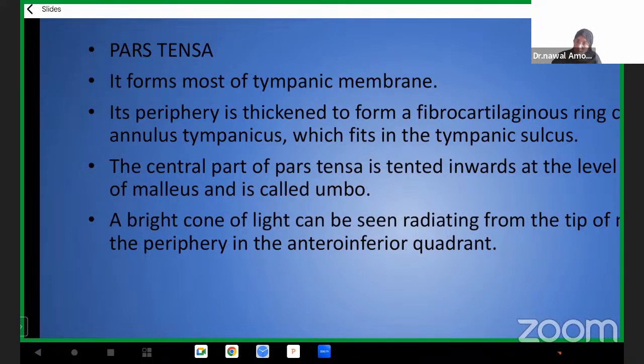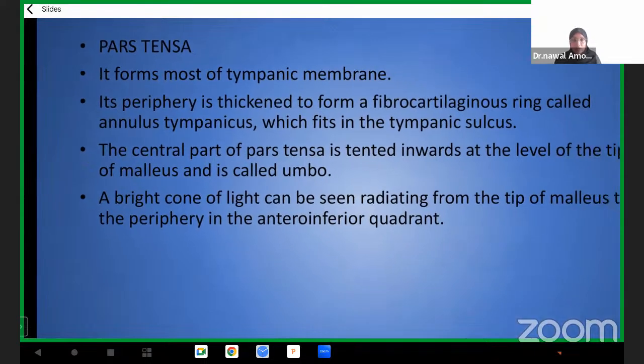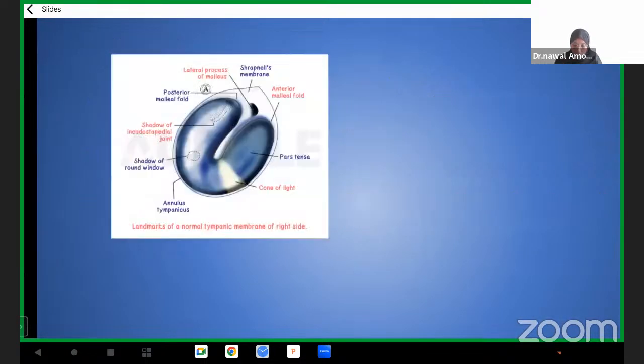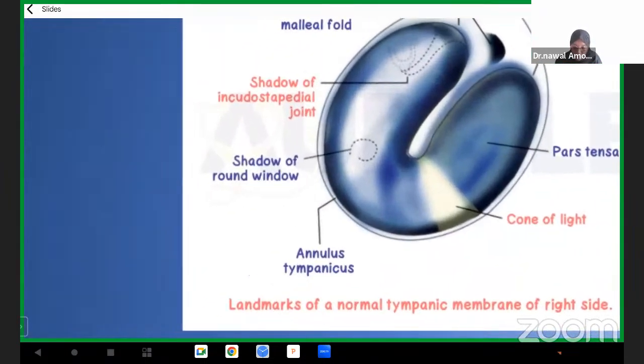The large part in between, like a drum, that's pars tensa. Its periphery is thick, and it forms a fibrocartilaginous ring called annulus.